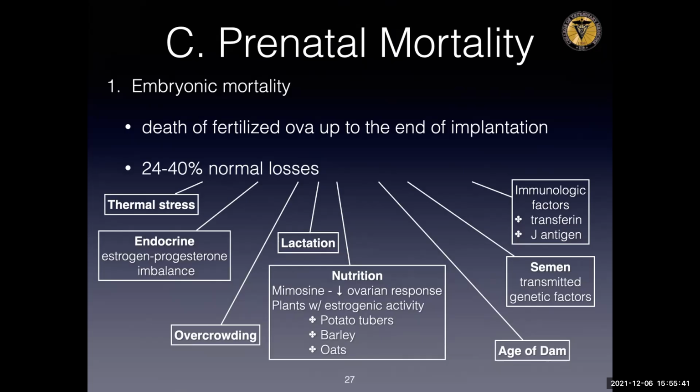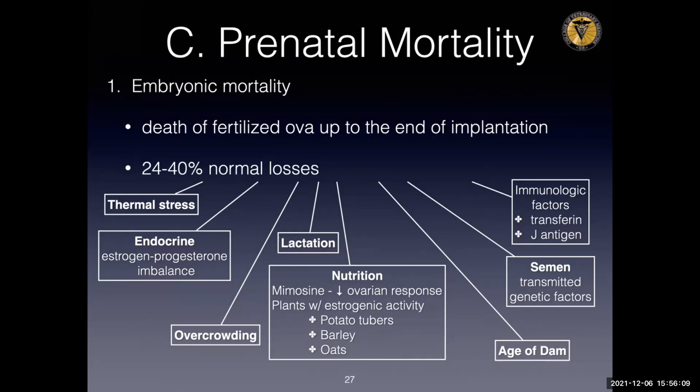So it would be good to feed that to your animals, but not to recently bred animals, okay? Because if you give too much of this, aside from it leading to bloat, it can lead to low ovarian response, and that would lead to termination of the pregnancy, okay?